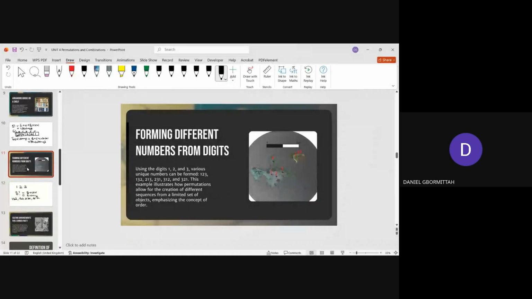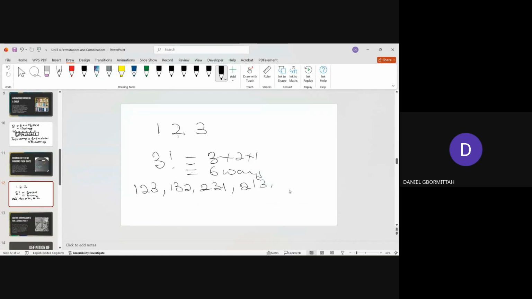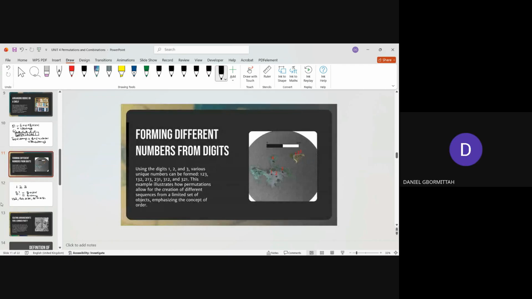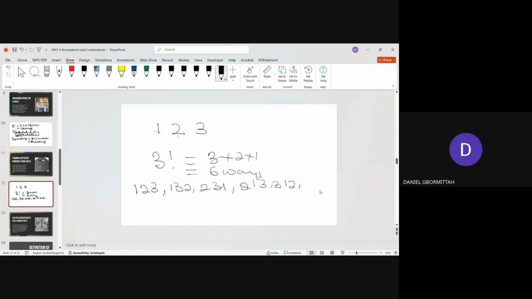Then we can also have 3, 1, 2. Is that all? 3, 2, 1. Then we are almost there.